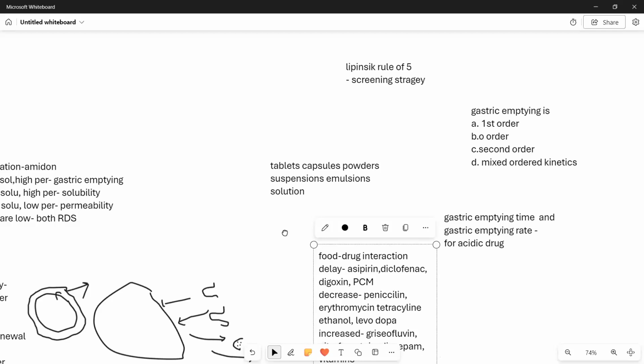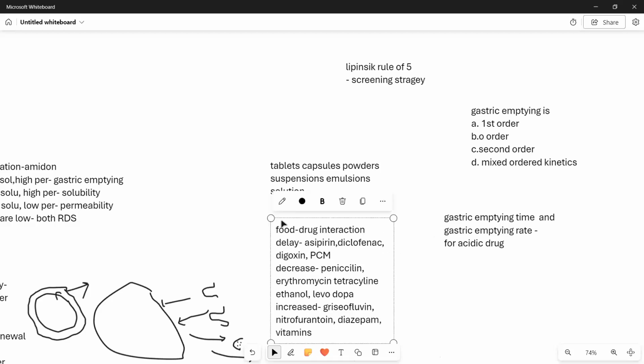So basically, these are the different types of food-drug interactions which are generally seen. There can also be pre-systemic metabolism, where the enzymes present in the GI wall can metabolize the drug and decrease its oral bioavailability.